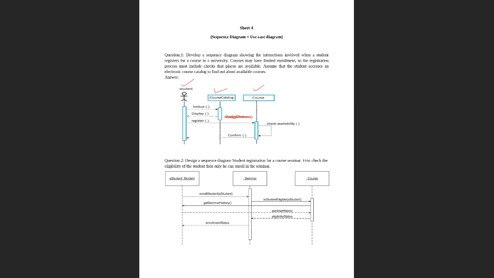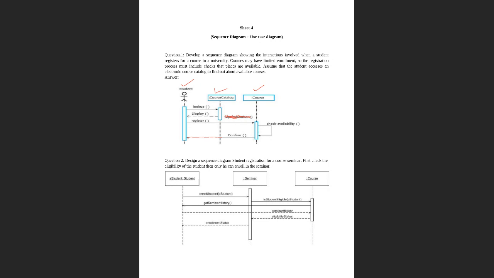When you register for the course, you see it's a reflexive message. The course is sending to itself: is there any seat available for the student? Check the availability. If it is available, then it is confirming to the student. So please draw this line to here like this. Confirm message. Is it clear?